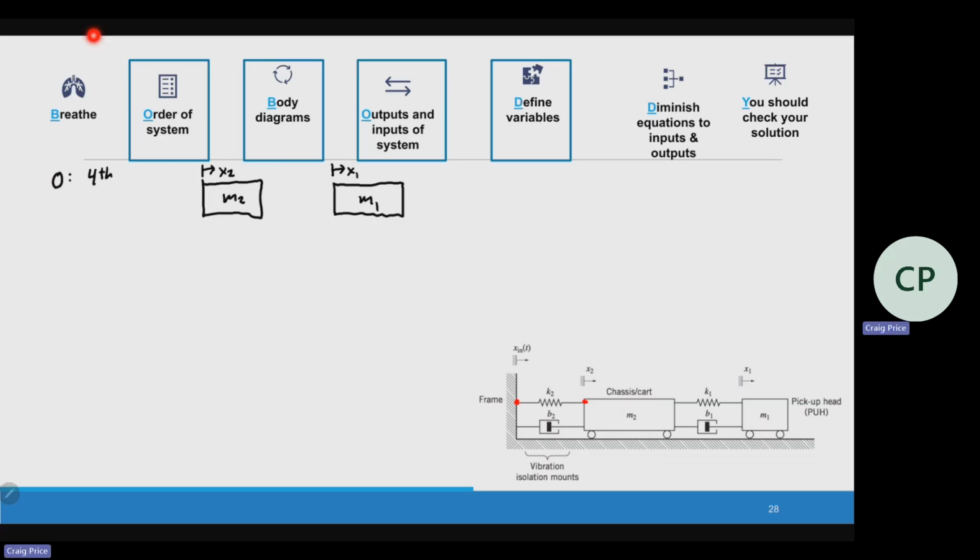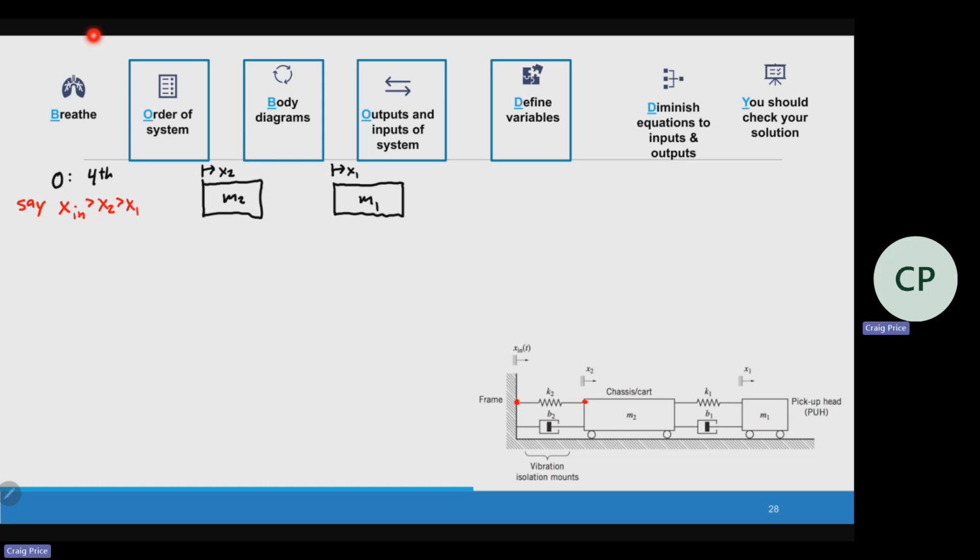Is the spring in tension? Is it in compression? You can just choose. Let's say that X in is greater than X2, which is greater than X1.